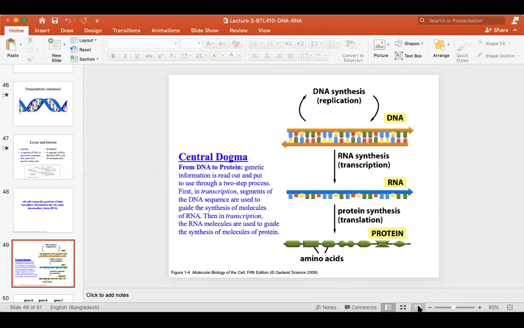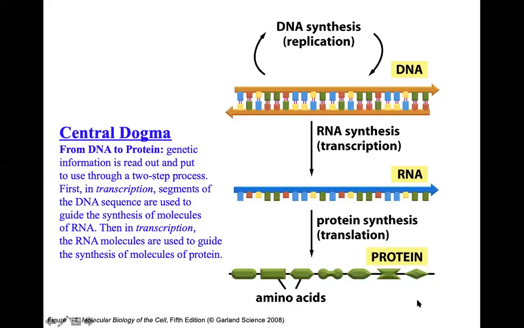I still have time and I shall discuss a few slides only. Thank you. So in this central dogma, 100% of students should get the clear idea because you received the central dogma during your biochemistry course.